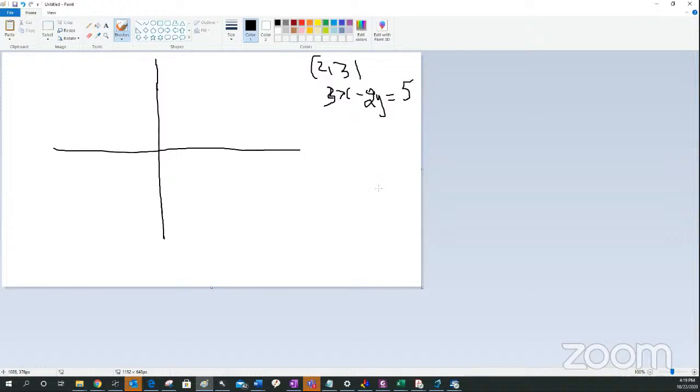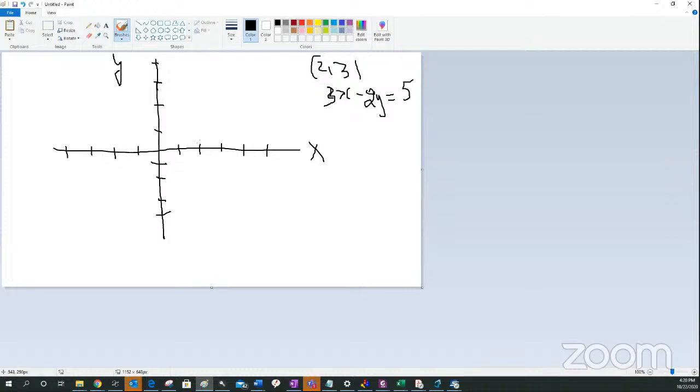If you want to graph this, usually you can put in point numbers. This is your x, and this is your y.